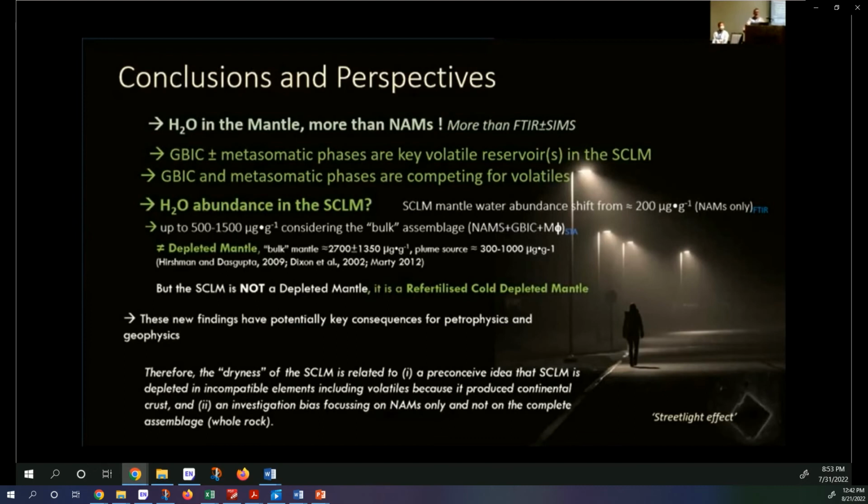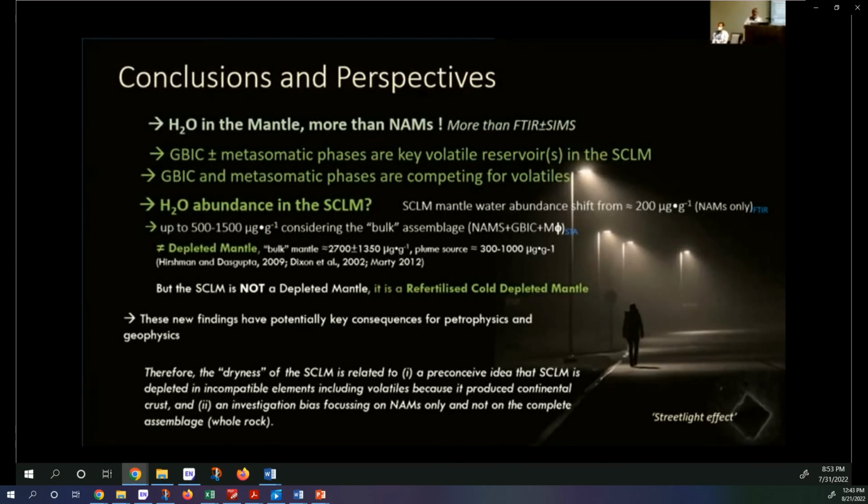And here we are on a classic streetlight effect. GBIC and metasomatic phases are key volatile reservoirs and they compete for both volatile and incompatible elements. Now, if we consider the bulk assemblage of the mantle, meaning the GBIC and the NAMs, then the water content of the subcontinental lithospheric mantle shifts from a mere 200 ppm to something about 1,500 ppm, which is indeed much more than what one would expect in a depleted mantle.